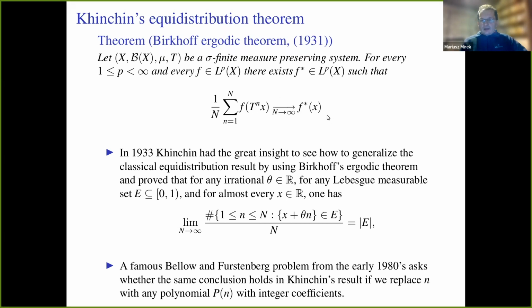And this limit is understood in the L^p sense and almost everywhere. Khinchin observed that this can be used to extend the equidistribution theorem of Weyl and prove the following results.